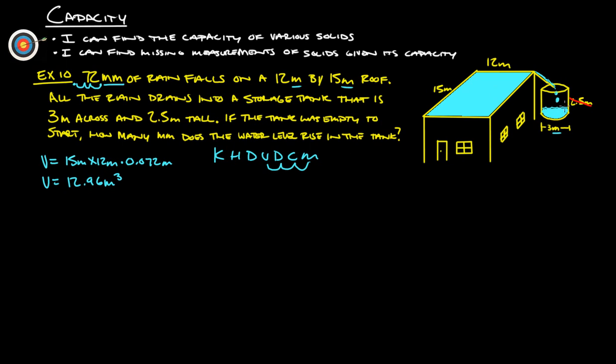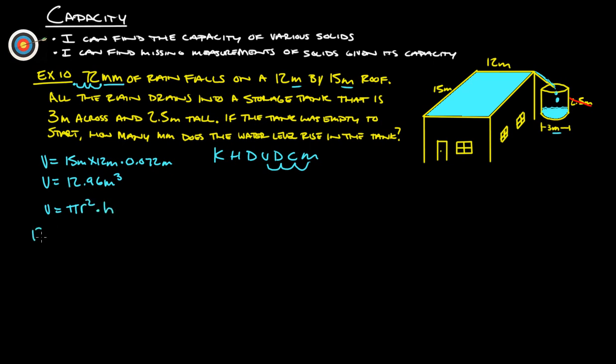Now it all drained into this tank here, and we want to know how far up the wall that thing's going to be. So we know that the volume of the water in that tank is going to be the same as the volume that fell on the roof because it's all draining into the tank. So the volume of this tank is going to be the volume of the base, which is pi r squared because it's a circle, times the height, right?